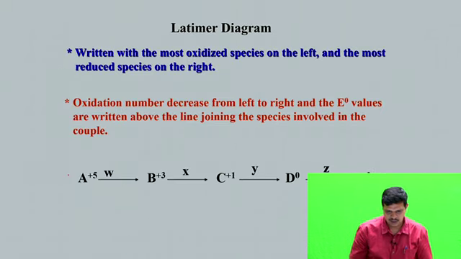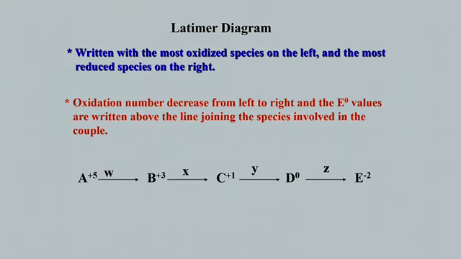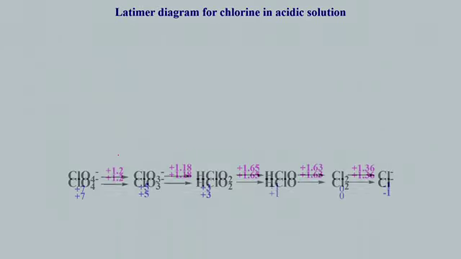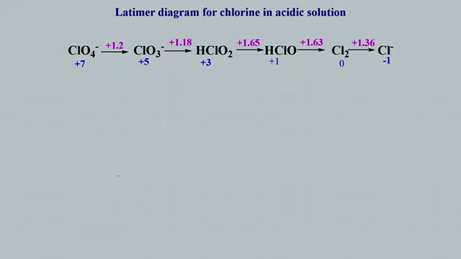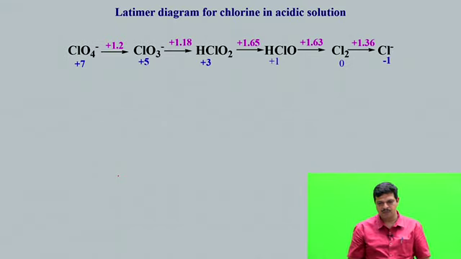As I told you, the Latimer diagram is represented as a horizontal line, one-dimensional, and is very easy to represent, but with limited information. This is one typical example of a Latimer diagram of chlorine in acidic solution.